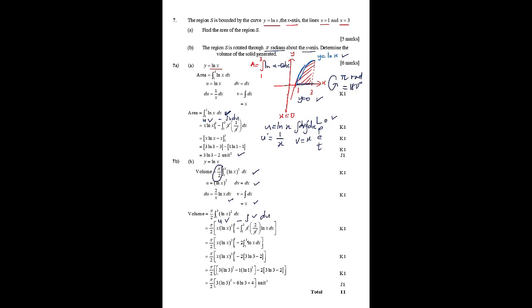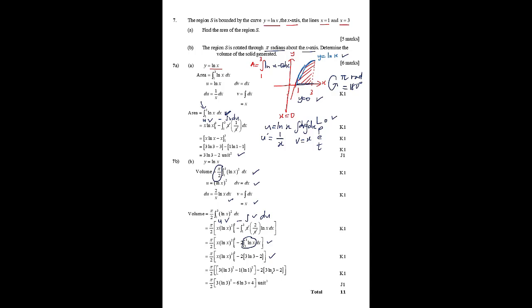Then you integrate ln x. For the integral of ln x from 1 until 3, you can compare with your previous question, which is actually the area. So you can use the answer for the area and substitute it into the next step.